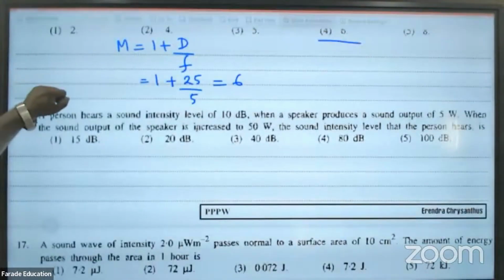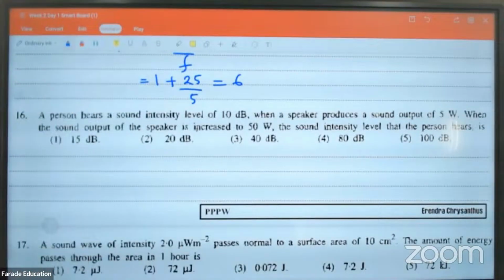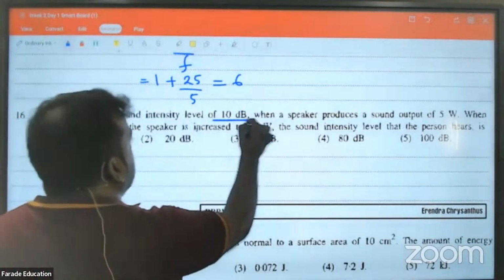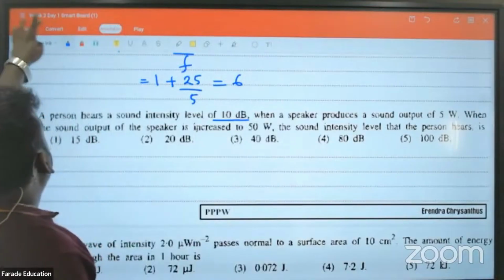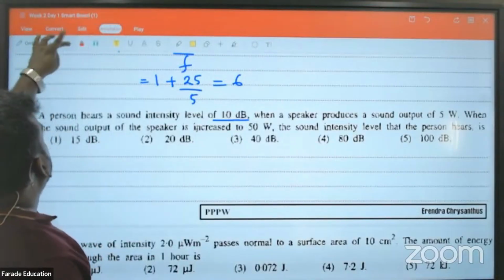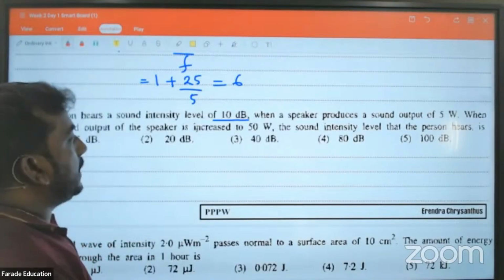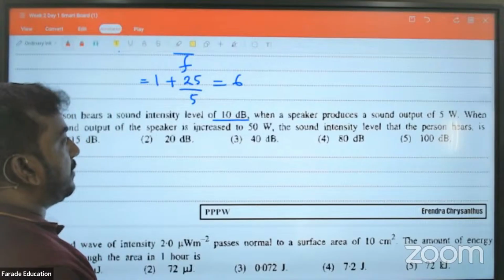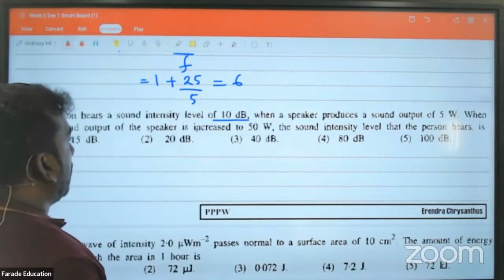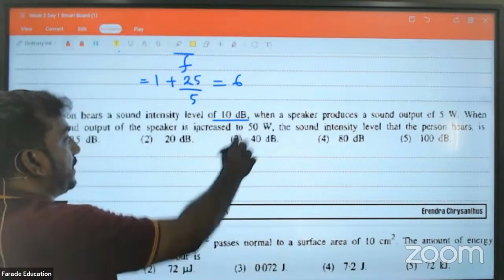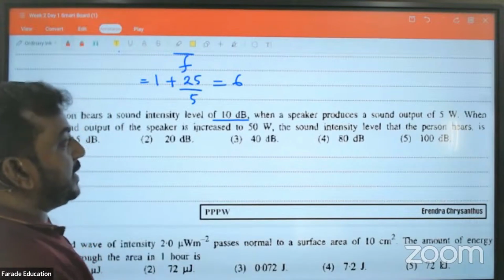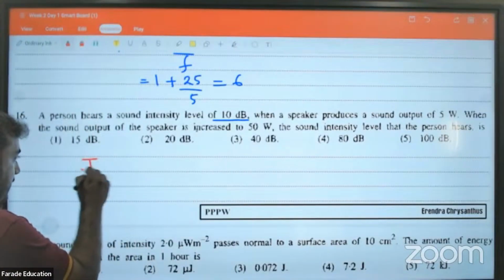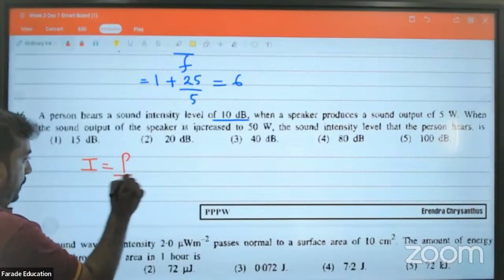Now, last time also we did a nice question on intensity level. A person hears a sound intensity level of 10 decibels when a speaker produces a sound output of 5 watt. When the sound output increases to 50 watt, what level does the person hear? Listen very carefully. What is intensity? Power per unit area.